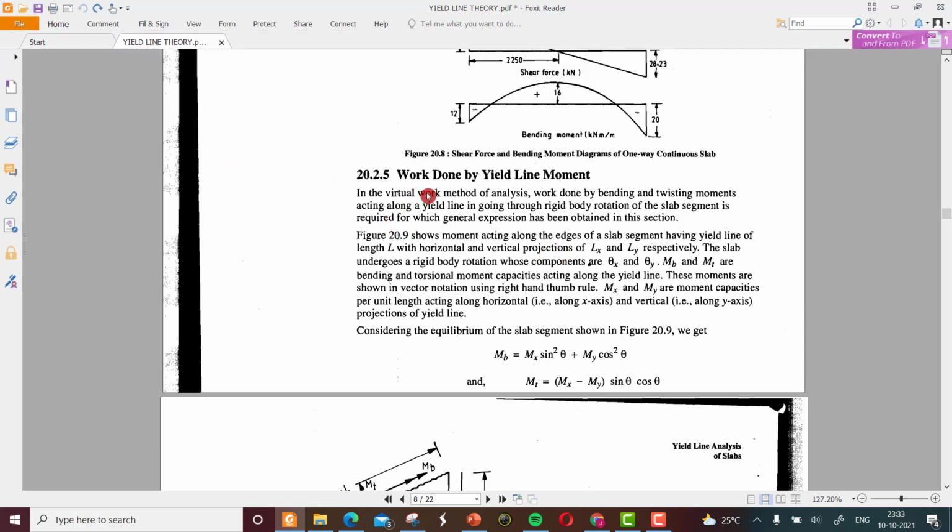The work done by the yield moment in the virtual work method of analysis, work done by bending and twisting moments acting along a yield line in going through rigid body rotation of the slab segment is required, for which a general expression has been obtained in this section.